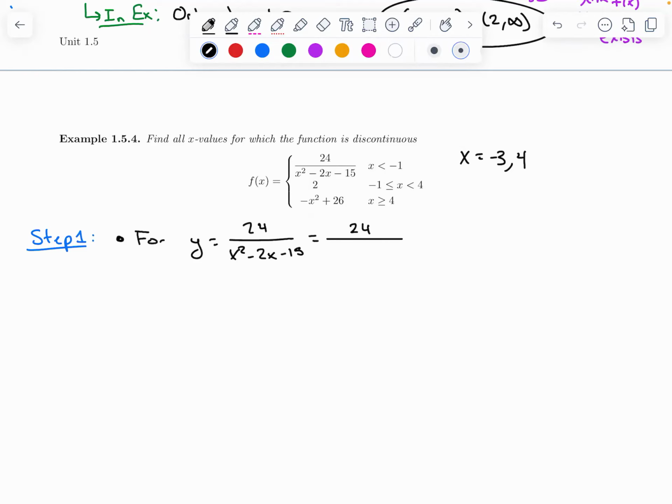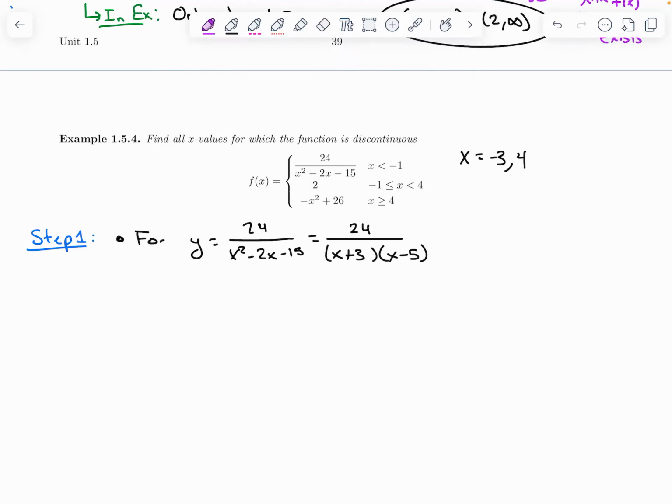This thing factors to x, and then +3 and -5. So this thing is discontinuous at x equals. Oh wait, no, I'm sorry. I meant to write, don't write that yet.